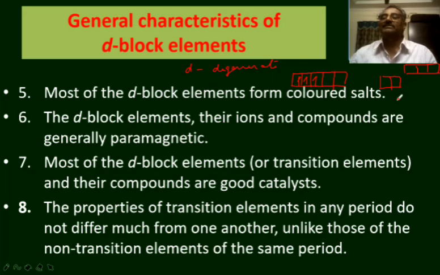As a result, they lose their degeneracy. The d orbitals split due to the interaction of the unpaired electrons present in the d orbitals and the electron cloud of the ligands.